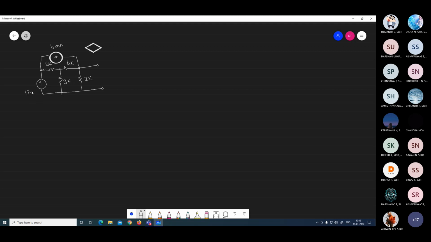This is 12 volt, and this is the point XY, and here it is V naught. So obtain the Thevenin equivalent of the network shown in the figure between the terminals X and Y.